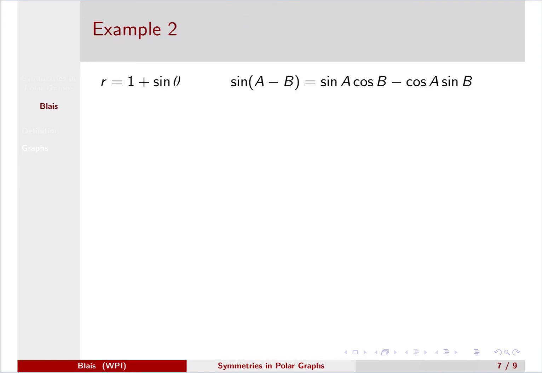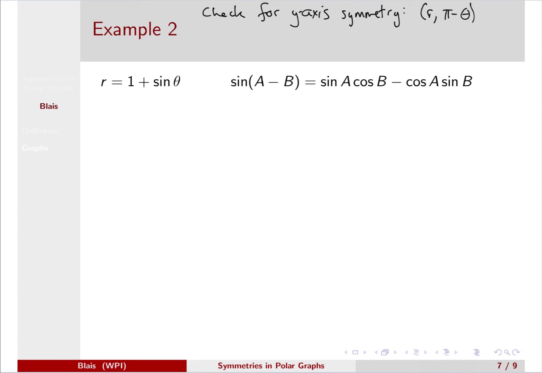For example, suppose we have the polar equation r equals 1 plus sine theta. To check for y-axis symmetry, we're using this point r, pi minus theta.